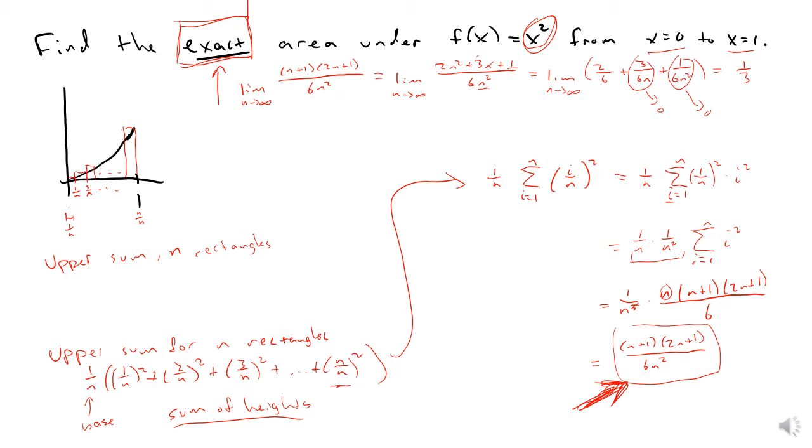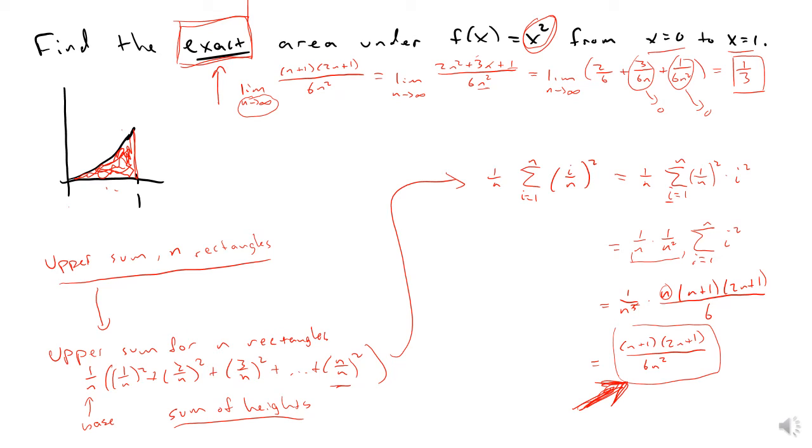So this number I just got here, this 1/3, let me make sure you understand what that number represents. That number is the exact area under my graph. Let me come back over here to this graph that we were looking at. I'm doing the exact area under this thing, not just an estimate, but the exact area of this entire region under this graph. I can get that by doing an upper sum with n rectangles, like we did here, and then see what happens as n goes to infinity.